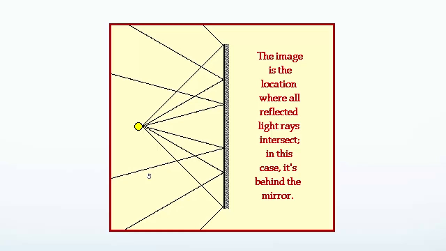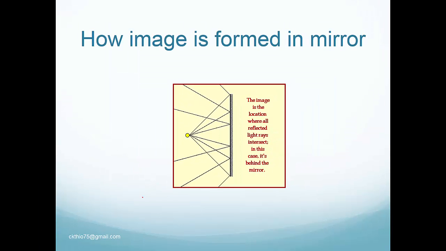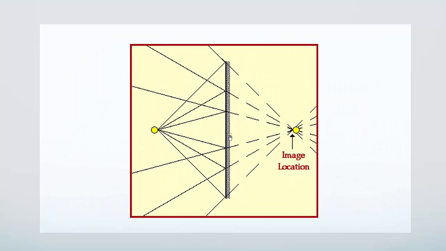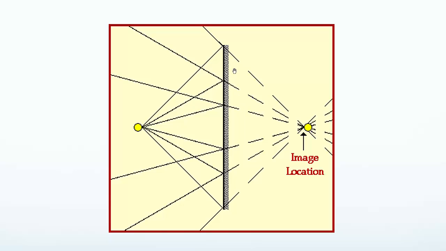The light ray bounces off in this manner, and when you let it move on again, right now the light ray seems to come from this location. Remember, the light ray actually comes and bounces off, and it seems to come from this location, and this is where the image is located. That's how we see the image formed by the mirror.